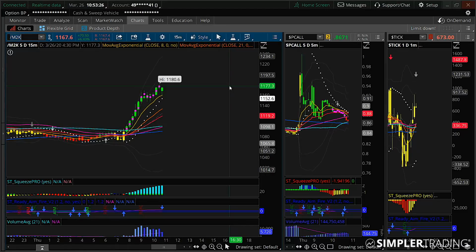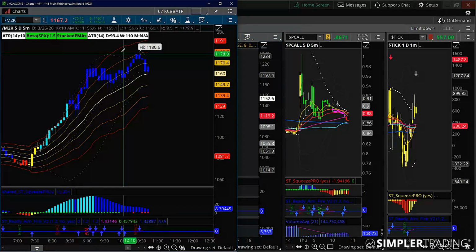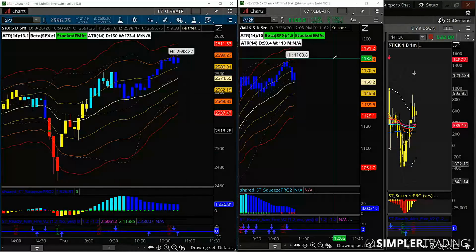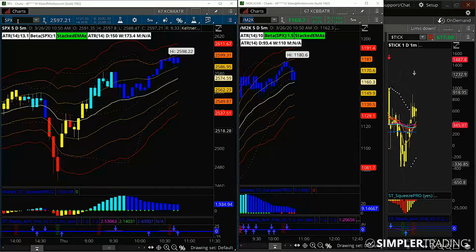I do want to check in on micro Russell futures. I do want to do a broad overview of this morning's movement in the market. We'll have the spiders up here on the left-hand side. All right, so we've got an SPX up here on the left, and that's a pretty decent move.